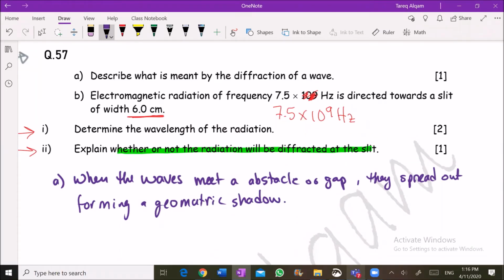We said when the waves meet an obstacle or a gap, they will diffract. Sometimes we will have a larger diffraction, or sometimes a smaller diffraction. When can there be a larger diffraction? When can there be a smaller diffraction? What does this diffraction depend on?